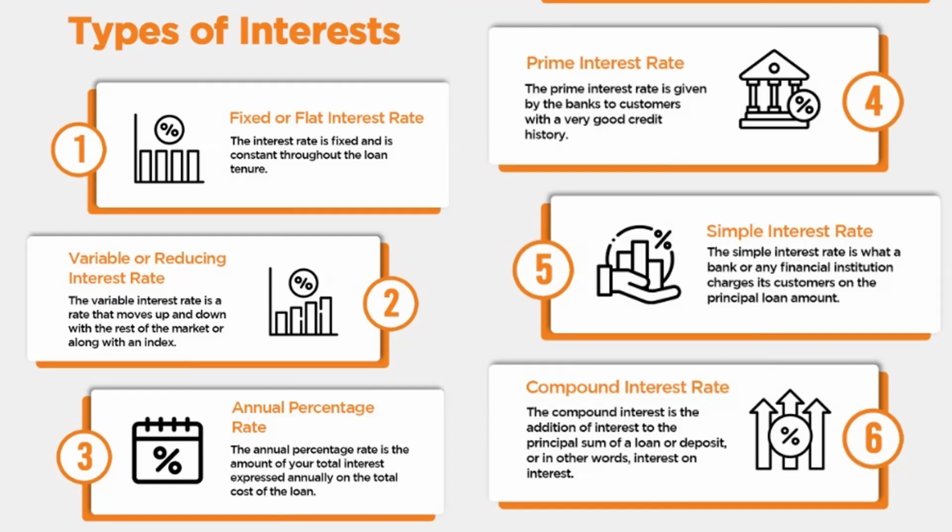If I say monthly compounding, then the monthly interest that is calculated is taken into the principal, and the next month's interest is calculated on the principal plus the first month's interest. Similarly, the third month's principal plus two months' interest is added and considered as principal, and the interest is calculated on the compounded value.